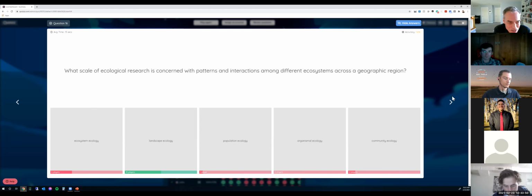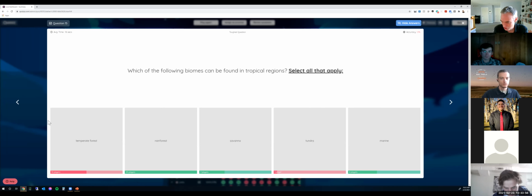What scale of ecological research, and by the way, let me go back to that previous one just to give another basic definition. When we're talking about tropical regions, what part of the Earth are we referring to? Near the equator. In fact, the actual definition is 20 degrees north and 20 degrees south of the equator. When we talk about polar regions, what are we referring to?